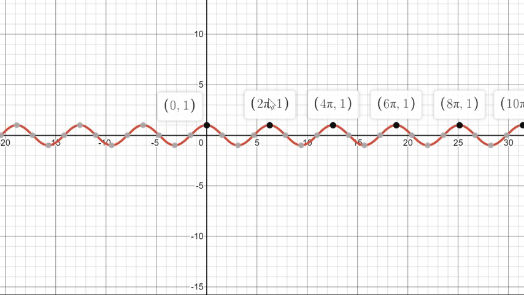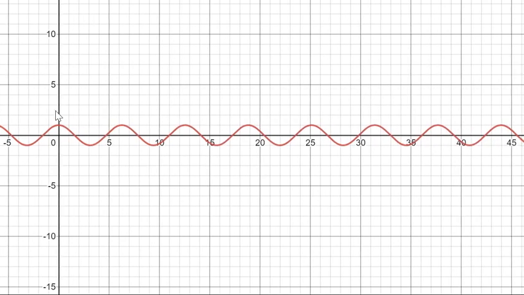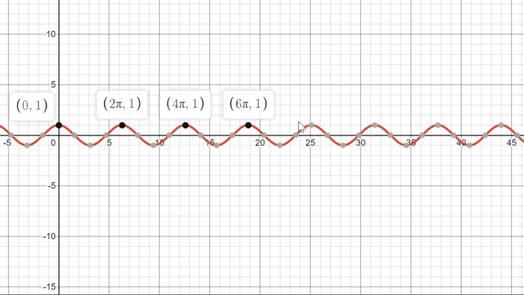The cos value will be 1 when it is an even multiple of pi. Can you see? 2 pi even multiple, 4 pi even multiple, 6 pi even multiple, 8 pi even multiple, 10 pi even multiple, and so on.